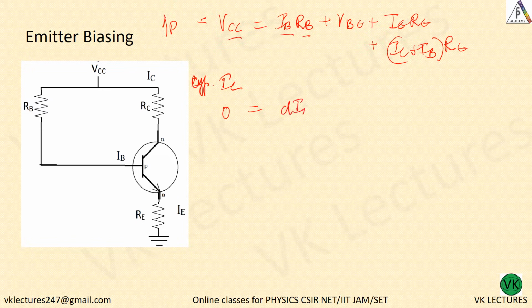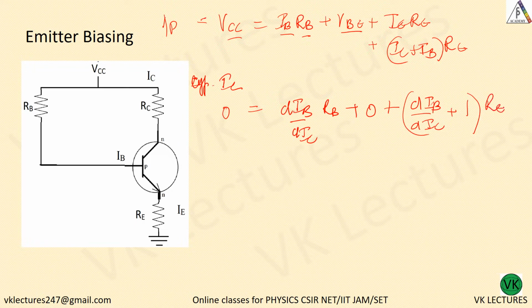So dIB divided by dIC into RB plus VBE, that quantity will be again 0, plus dIB by dIC plus 1 into RE. With respect to IC we are differentiating.